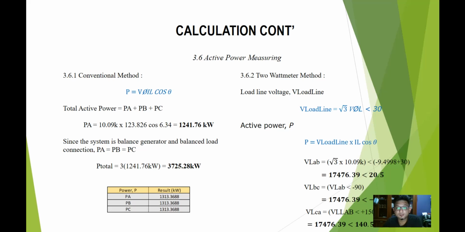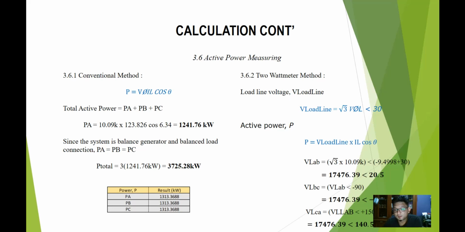Next, the two-wattmeter method. So the active power for the voltage load line is 17.47 in magnitude with an angle of 20.5 degrees.